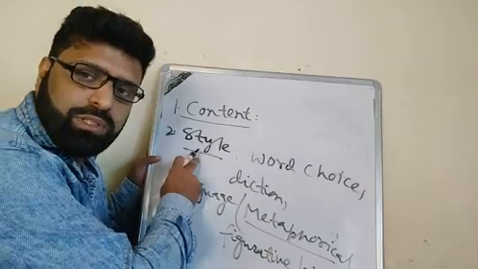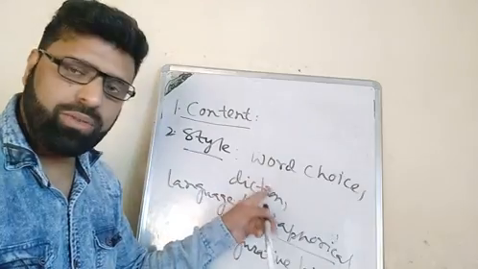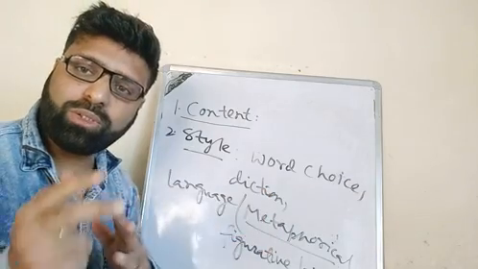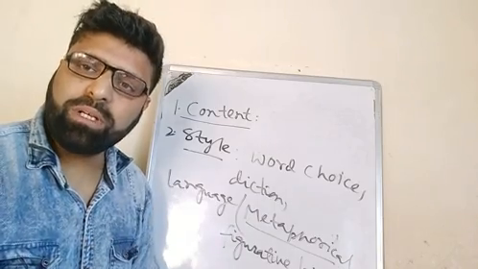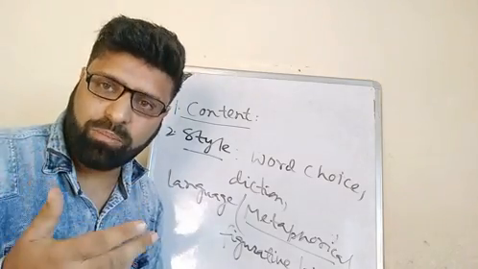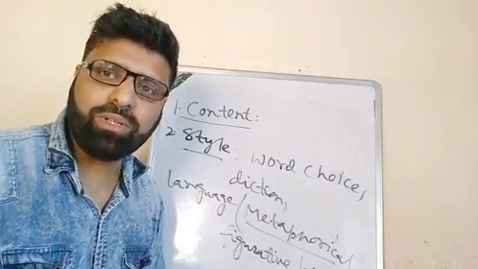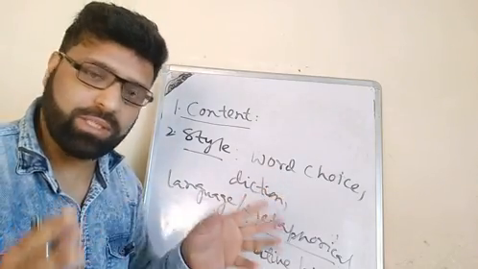What is style? In style we talk about diction, word choice. What type of words are selected by a writer? Because every writer is very selective when he composes any piece of literature. He is very selective about the words.